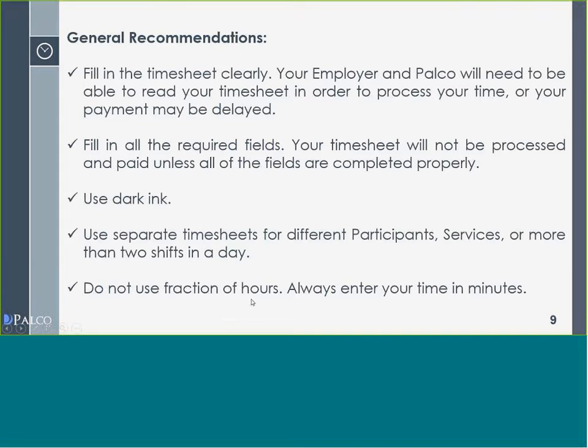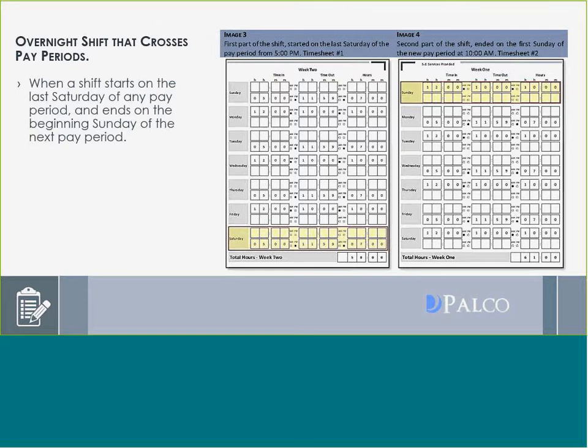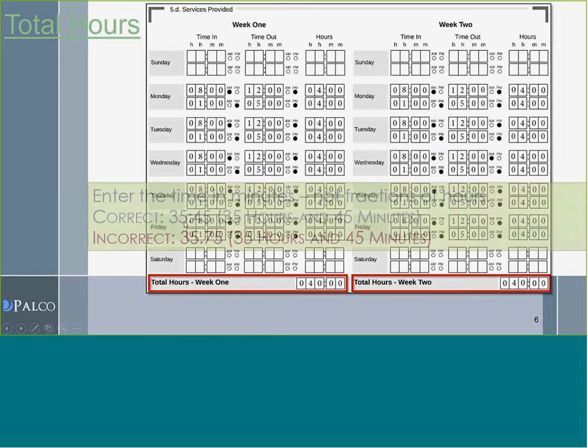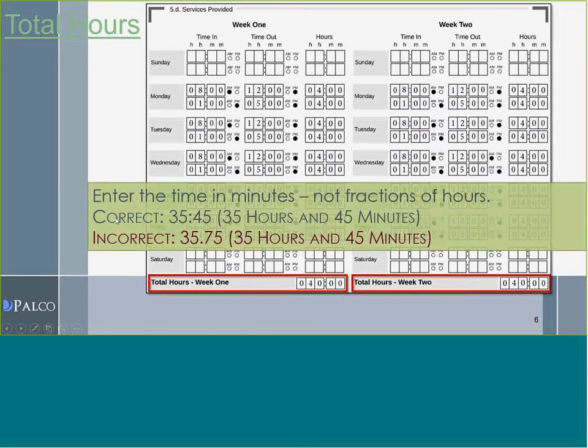Do not use fractions of hours. Always enter your time with minutes. Let's say you have worked 35 hours with 45 minutes. This is how you need to key your total hours: 35 hours, 45 minutes, okay?